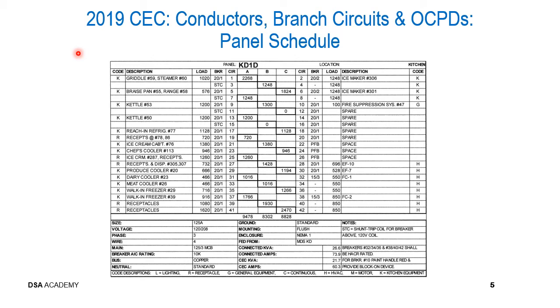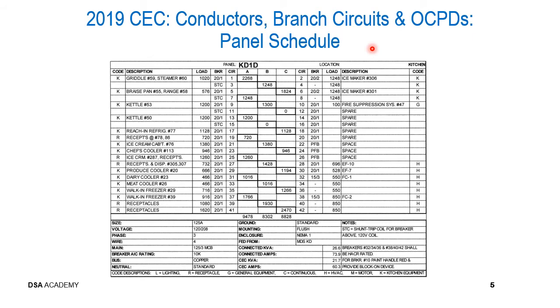So let's start by just saying, in general, you've got the actual panel name, which is located here, or the ID number, which is KD1D, and the location of this panel, which is identified here, which is in the kitchen. Now there's also very important panel and breaker information.